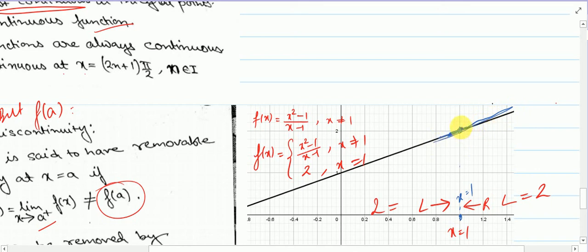So why was only one gap there? Because left hand limit and right hand limit were equal. That's why there was only one gap to be filled for this one input. So we easily assigned f of 1 to be 2, and then we got a continuous function.